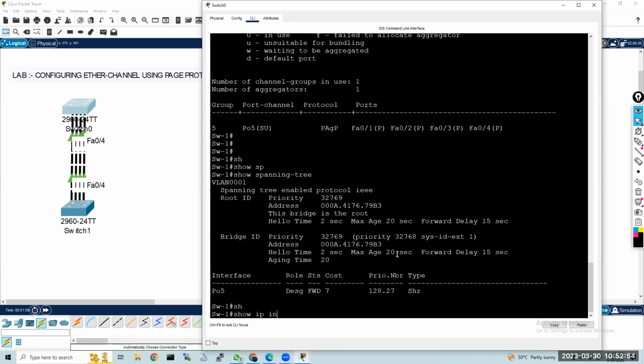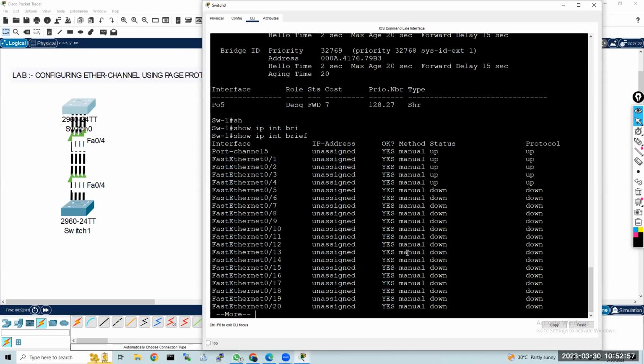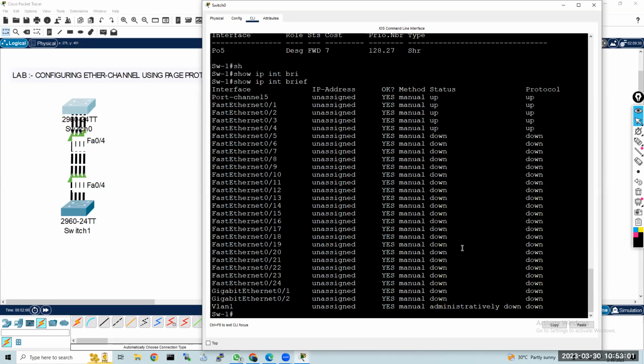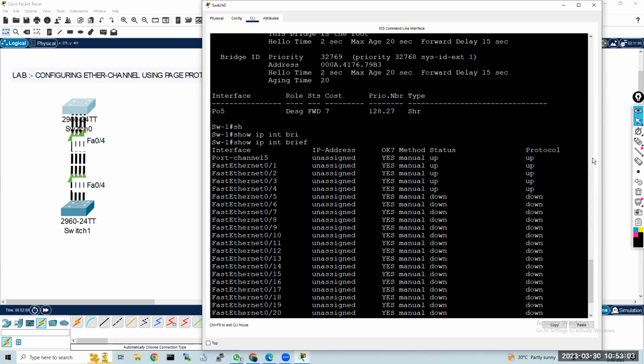Po5. So what difference can we see here? 128.27 is this one. I want to know what is this 7?